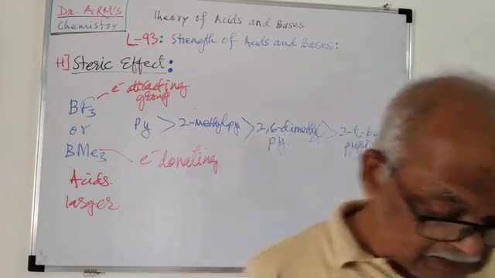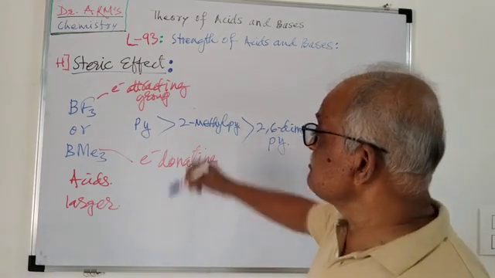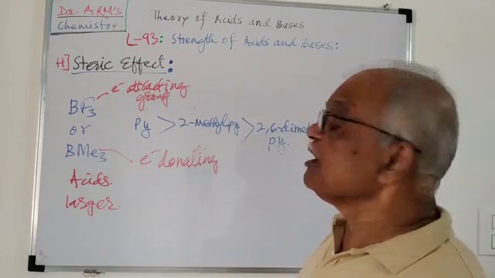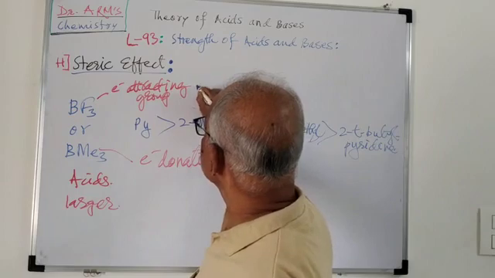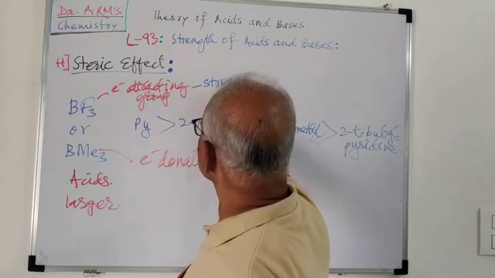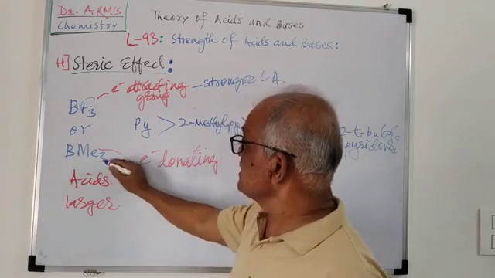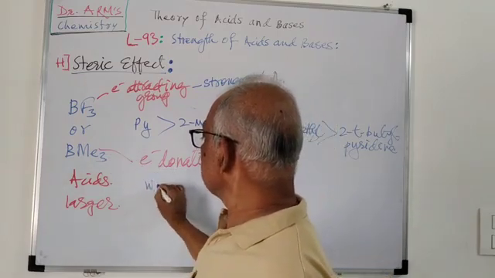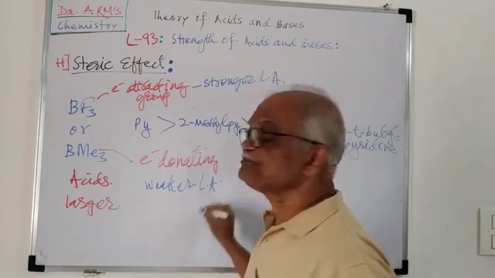Because of this, BF3 is a stronger Lewis acid, whereas BMe3 is a weaker Lewis acid.